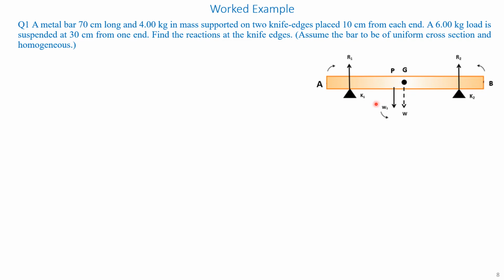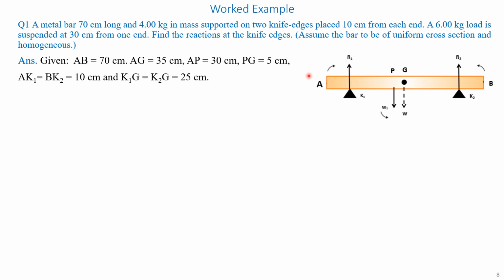Now let us proceed to solve it. Given AB is equal to 70 centimeters, AG is equal to 35 centimeters, AP is equal to 30 centimeters, and the distance PG is 5 centimeters. And distance AK1 equals BK2, which is equal to 10 centimeters, and K1G equals K2G equals 25 centimeters.